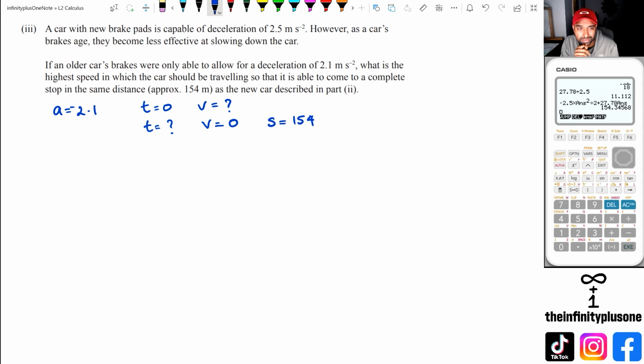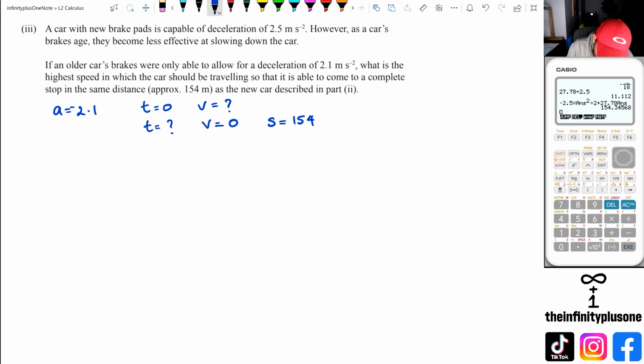So these are some of the things that we actually know. Initially we don't know what the velocity is, but at some point the car has to come to a stop and we need to know that the distance it's traveled is 154. So based on this, we're going to try and work this out. So let's see what happens.